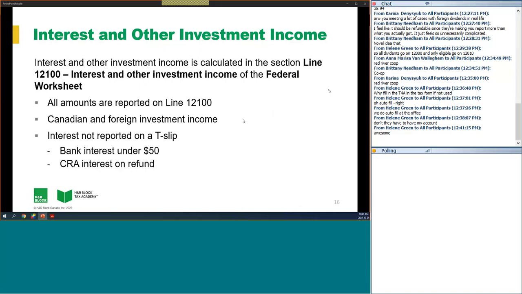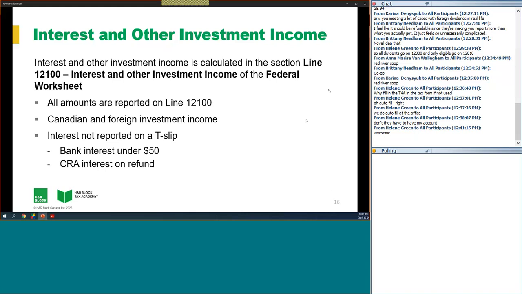Not all interest is reported on a slip. Banks generally will report interest on a slip if the interest is $50 or more. They don't have to. That's just their general practice. You are required to report interest, however, even if it's like 25 cents of interest, technically.